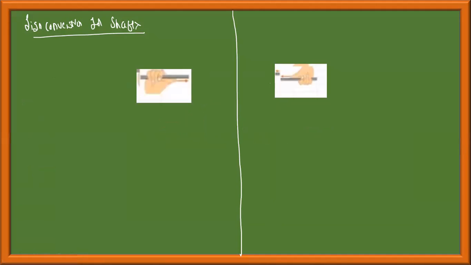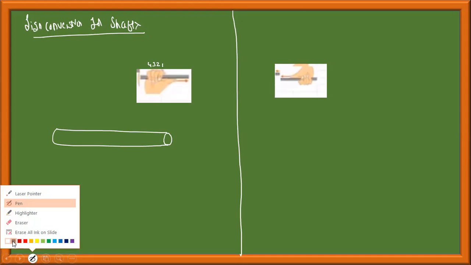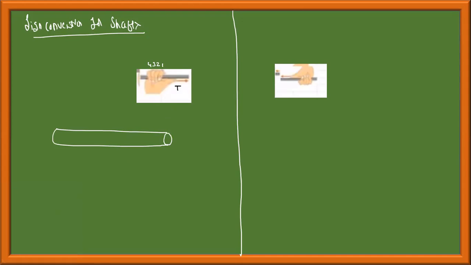So when I take this as my shaft, these are my four fingers and this is my thumb.